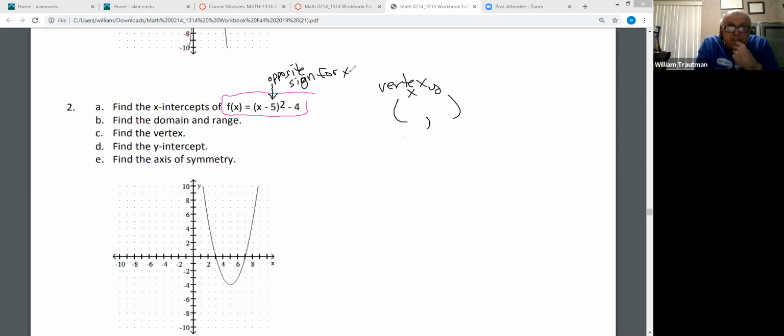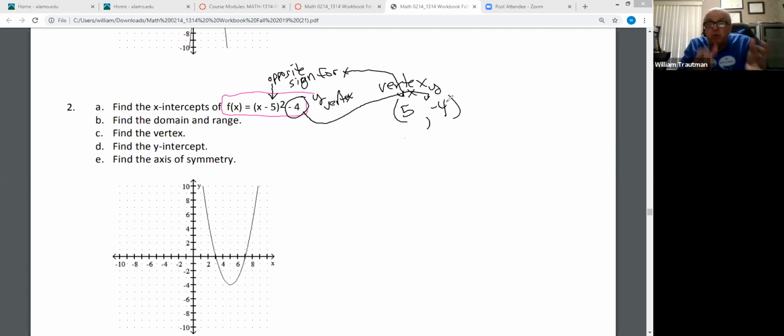If it's a -5 in here, then we're going to put a +5 in the vertex. And this is the y value of the vertex, but it's the same sign. A -4 here, so we have a -4 in the vertex. The x part is always the opposite sign of what's in there. The y part is always the same sign.